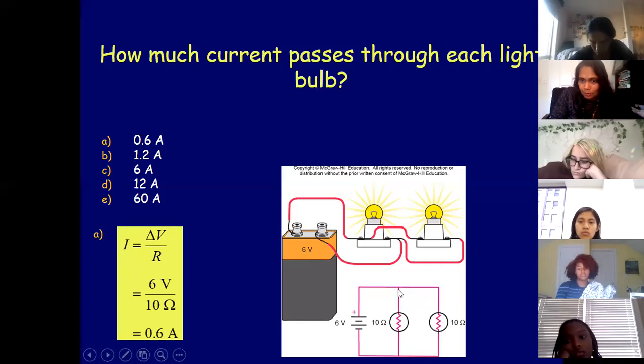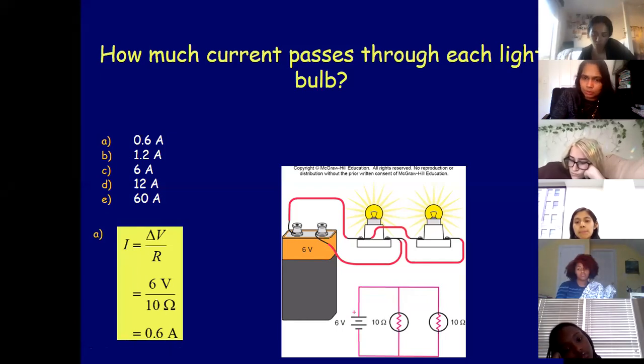As this is a current divider, the total current that comes out from the battery gets divided into two pieces equally because they are equal resistors. So here 0.6 amps and here 0.6 amps. Altogether it will be 1.2 amps, 0.6 plus 0.6. So there will be 1.2 amps coming out from the battery.